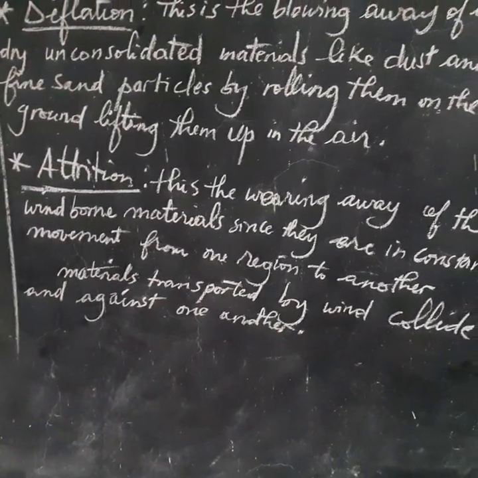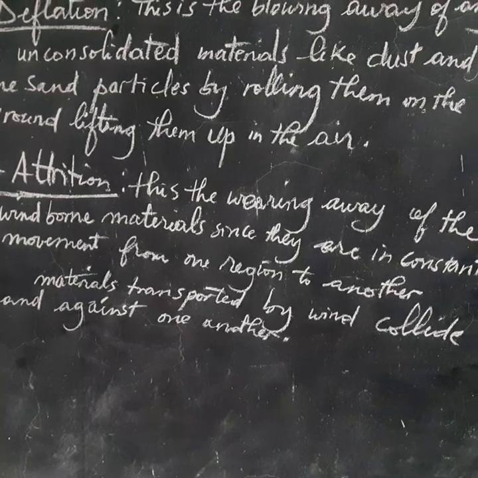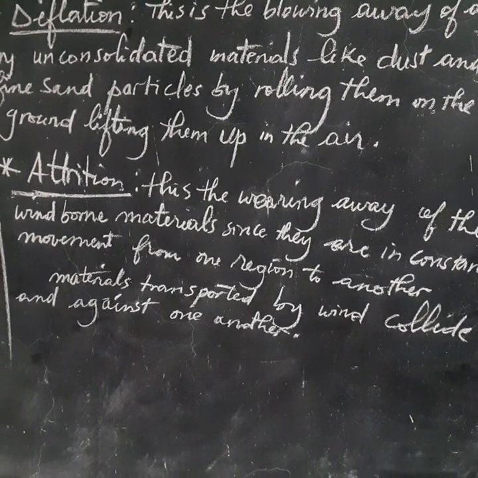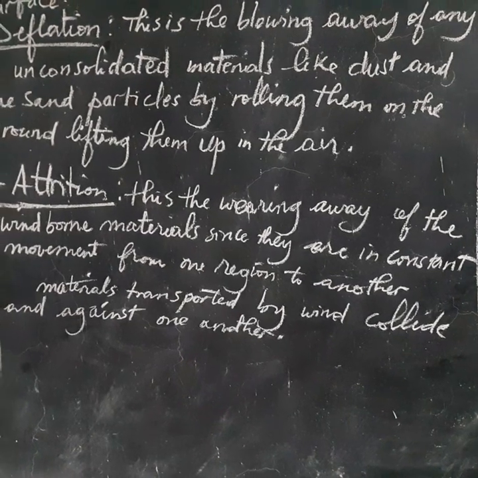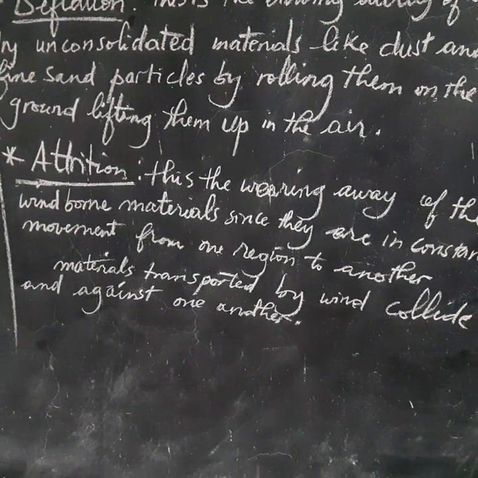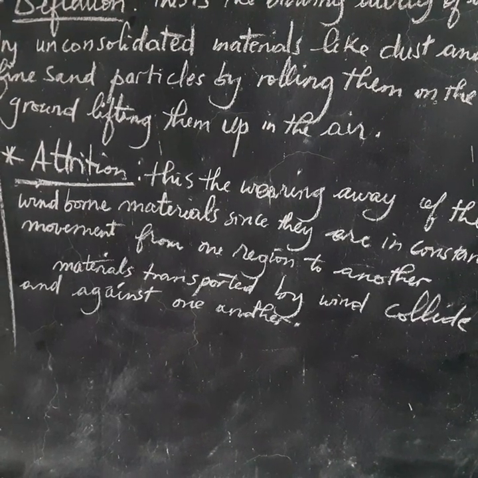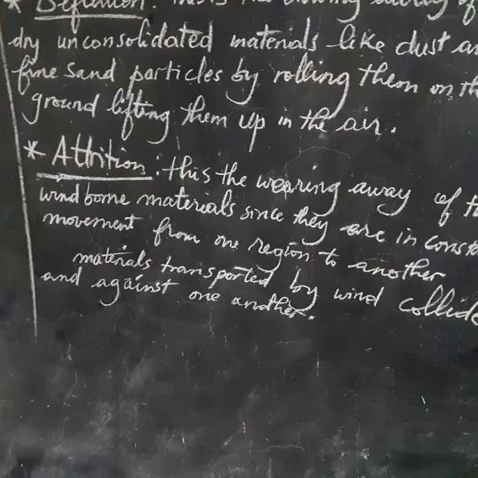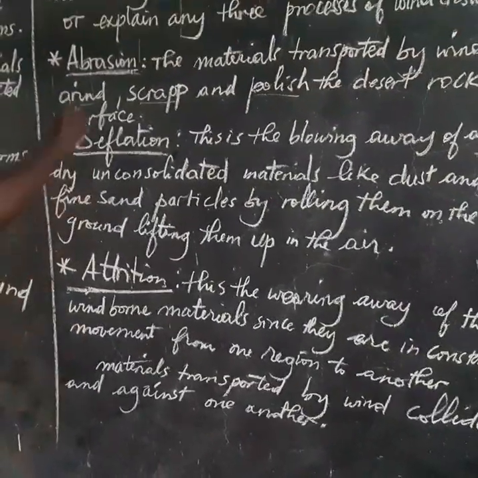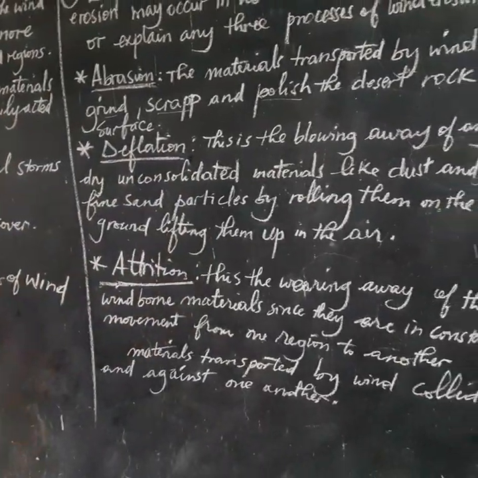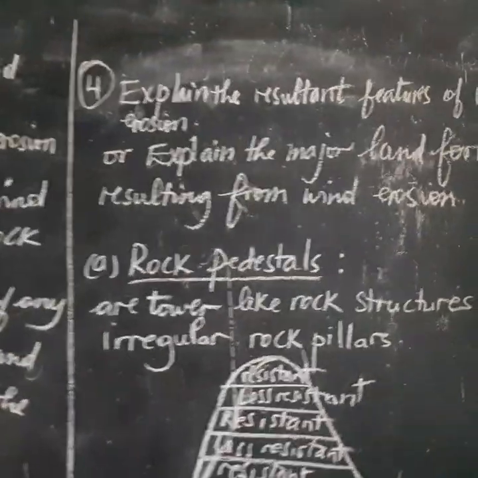So attrition is a process of wind erosion where the materials transported by wind hit one another, and the stronger one can break the soft or weak one, and therefore such a process is called attrition. So whenever you are asked to give the processes of wind erosion, you will give abrasion, deflation, and attrition.